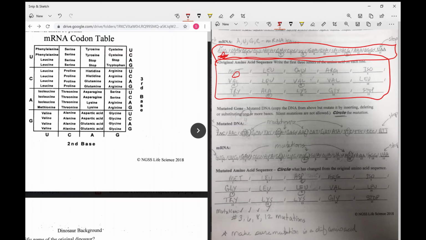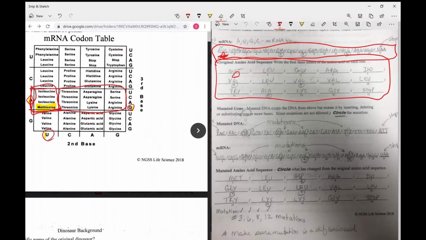So if I look at the codon chart, I'm going to look at A, and I'm going to look at U, and I'm going to look at G. And if I'm looking at A, it means I'm looking at this box. If I'm looking at U, I'm looking at this box. And then if I'm looking at G, I'm looking right here. Let me erase that and highlight differently. I'm looking right here. A, U, G.